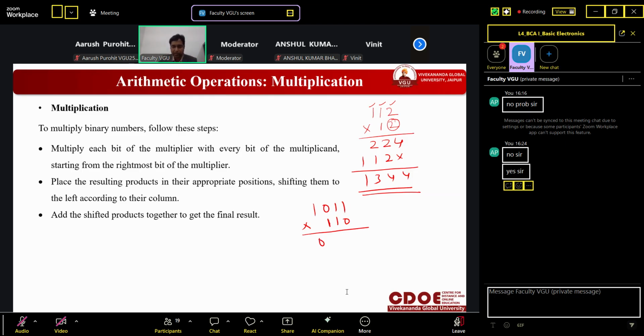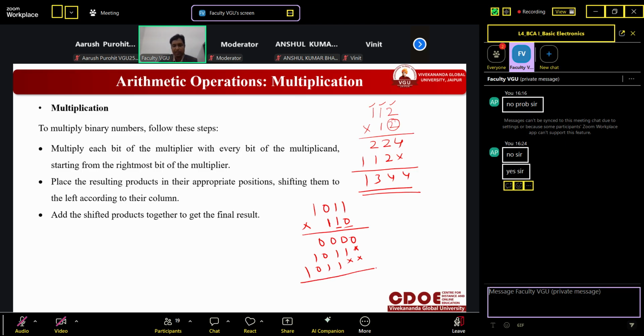So we will write all 4 bits 0, right? Now 1, if we multiply any number by 1, it will be the same. So we will just leave one place and it will be 1, 1, 0, 1. And we will leave two places. It will be 1, 1, 0.